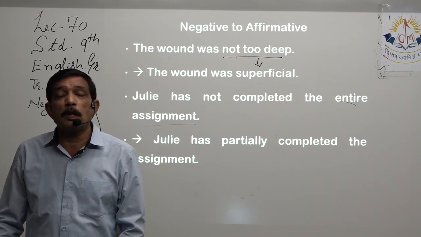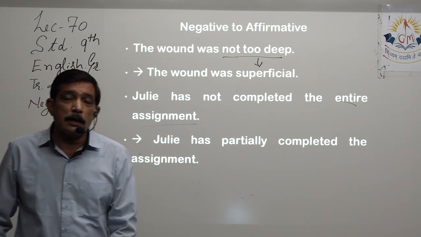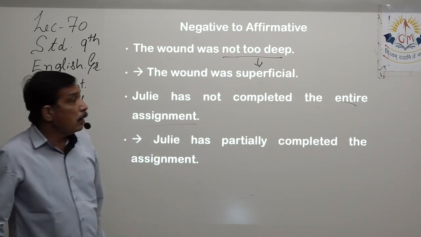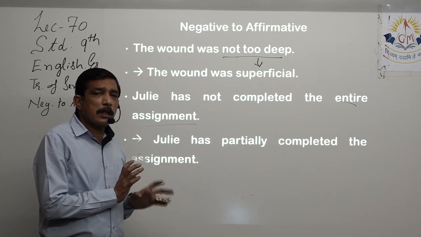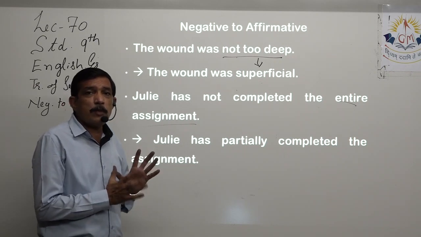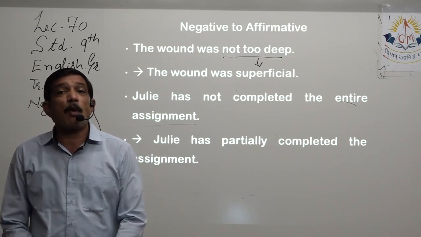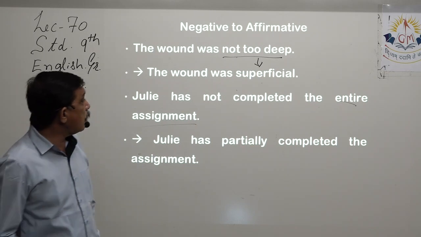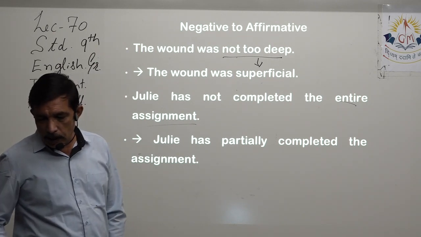If we properly remember the tenses that we have been learning right from the 9th standard, was is past tense, has is present. Just do the little transformation that is needed to change it from negative to affirmative and keep the grammar intact. Don't try to change the grammar too much, because then there is a probability that the answer may become wrong. So Julie has not completed the entire assignment. Julie has partially completed the assignment.